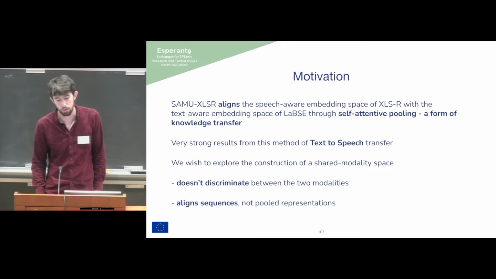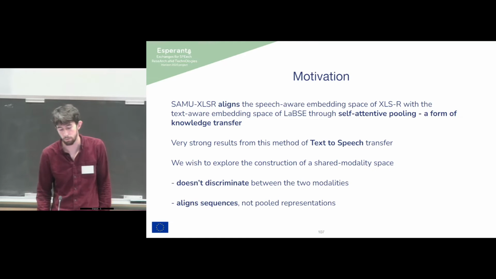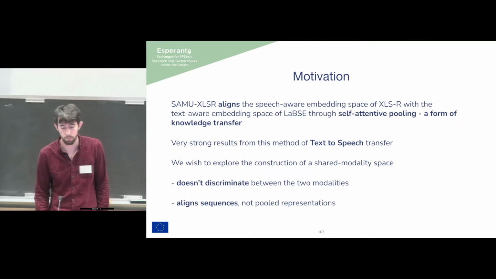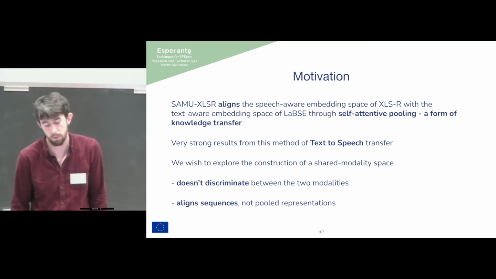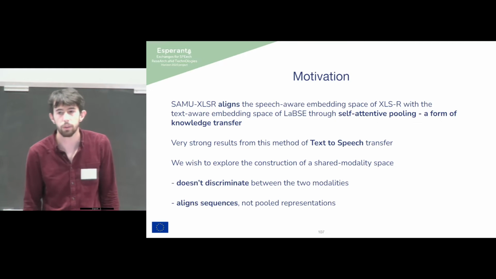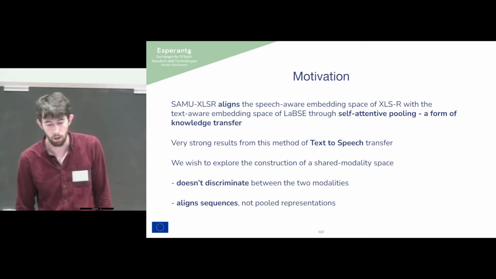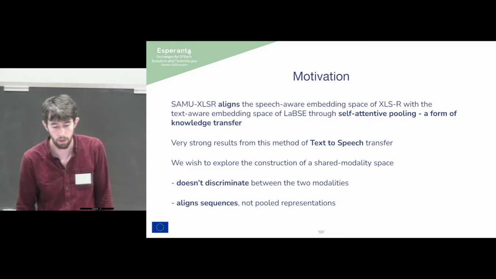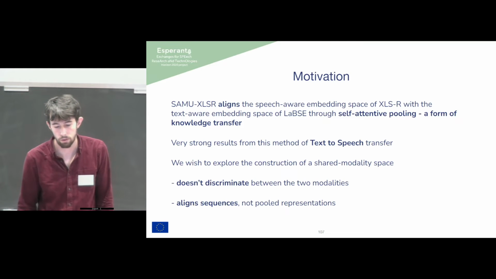You take the speech frame and you have a self-attentive pooling. So you're saying, take some features from this which seem relevant, align them with some features from text which seem relevant. You're not forcing the sequences to align. You're picking subsets to align. And you're getting single tokens which you can't use for lots of downstream tasks.